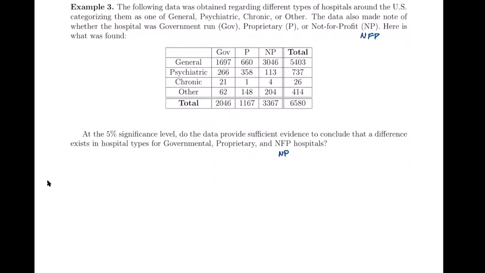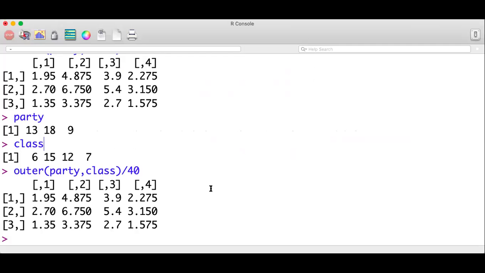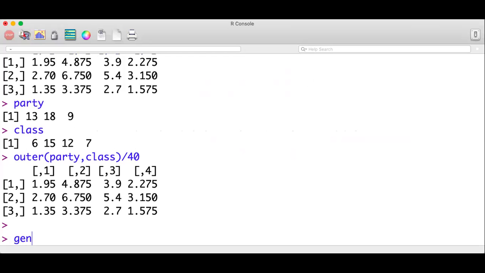So the way that we're going to do this, since we've already done this by hand, kind of the painful way, is I'm going to store everything in R. Okay, and so we'll store in R all of our data. So let's jump over to R. So we'll pull that up. We'll just run everything in R. And in R, for the general hospitals, we'll have 1697, 660, 3046.